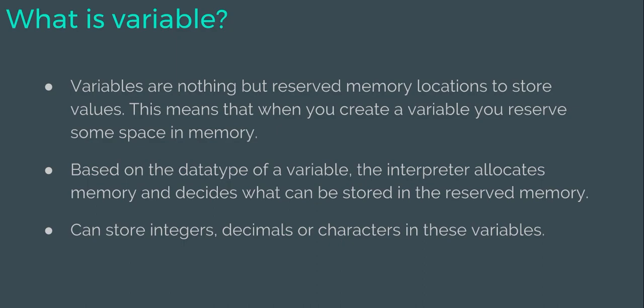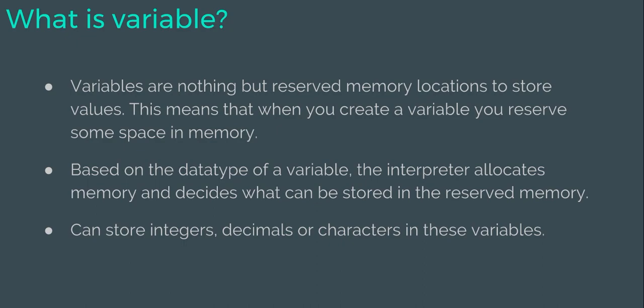This means that when you create a variable, you reserve some space in memory. Based on the data type of a variable, the interpreter allocates memory and decides what can be stored in the reserved memory. It can store integers, decimals, or characters in this variable.